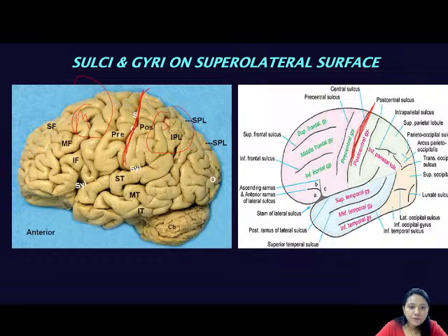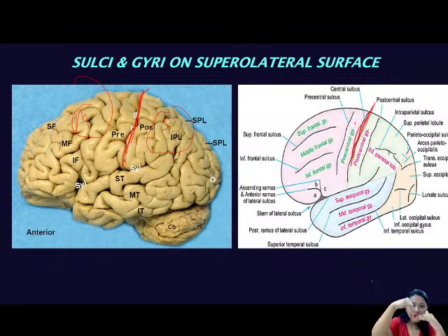Now in front of the central sulcus, you have a gyrus. Just imagine hills and plateau. If there is a hill, that is the gyrus, and if there is a plateau, that is the sulcus. So hills and plateau.